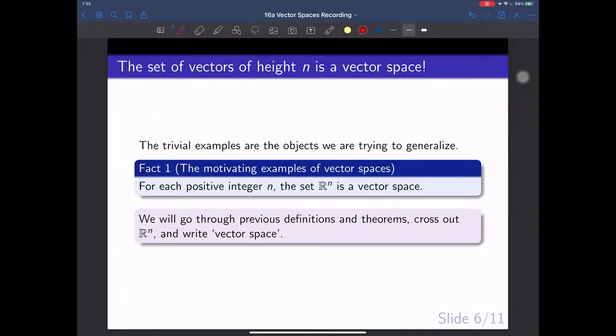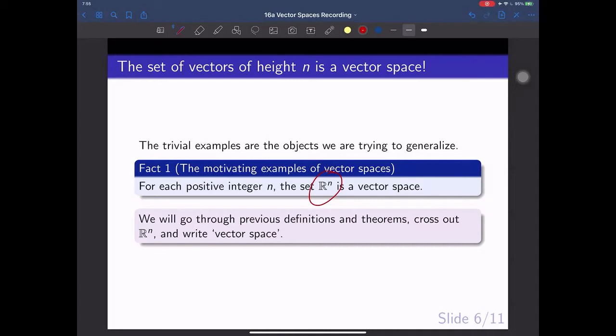The motivating example, the example that sets off the whole theory, is the example we have been working with this whole semester. The set of all vectors of a fixed height, Rn. If I have 2 vectors of the same height, I can add them and get a new vector of the same height. If I have 1 vector, I can multiply it by a number and get another vector of the same size.